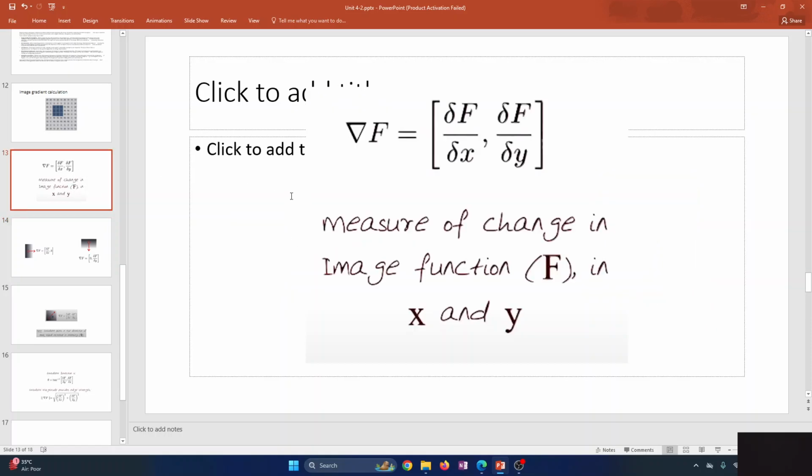This is the formula, and if I remember, we already have discussed it, but again let's discuss it in brief detail. It is a measure of change in image function f in the x and y directions. Delta f, delta x and delta y say that this is the change in the x direction and this is your change in the y direction, and this is your del f that we already discussed.